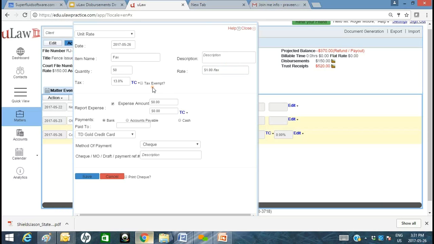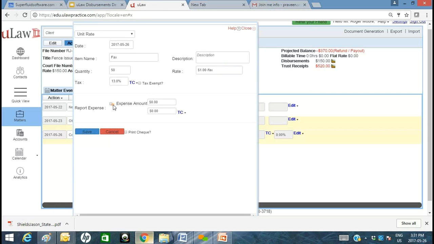Okay. It's probably not tax exempt, right? So you probably want to charge them tax for it. And the bottom part, obviously, is you telling your business if they're really an expense. Your fax machine seems to work just fine. There's really no expense. If there was, you can expense it as well.